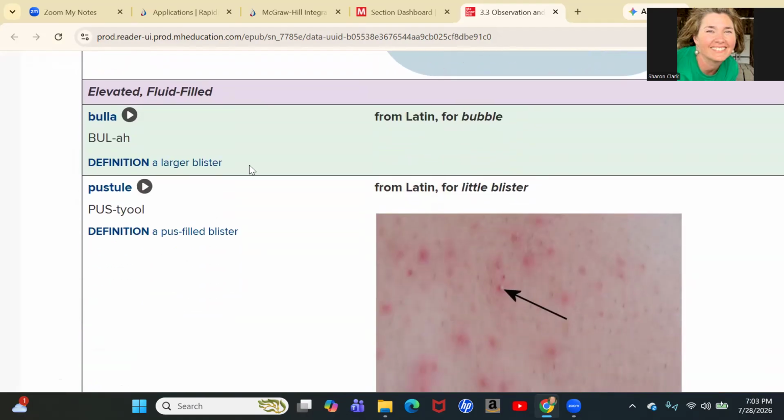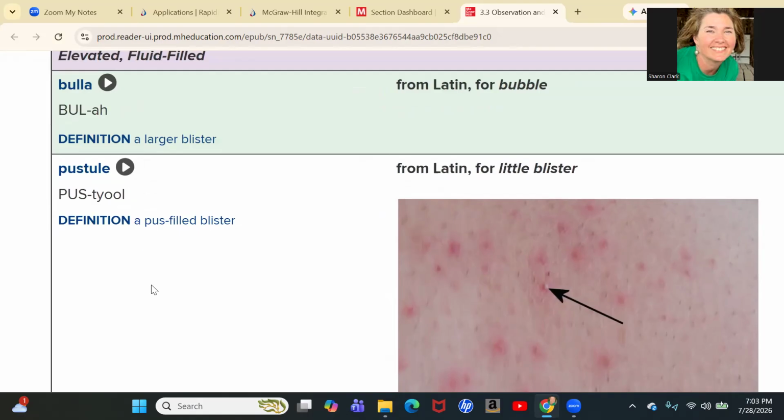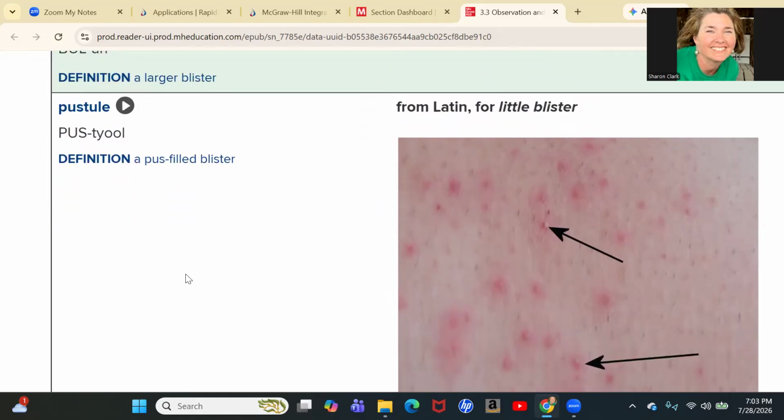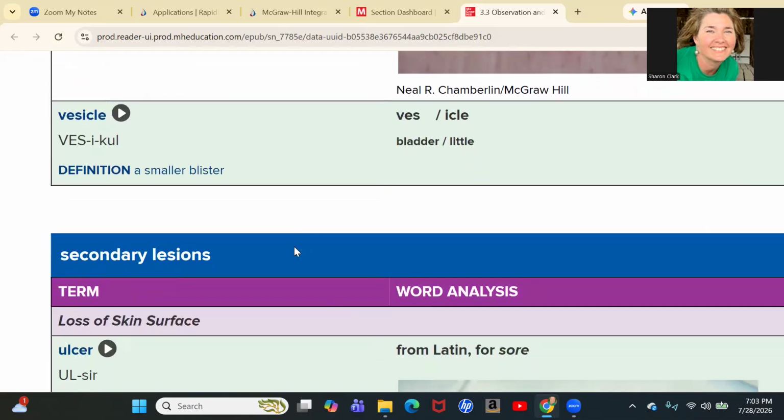A bulla is kind of like a large blister, so a sunburn blister, or when you get a blood blister. A pustule, think of your typical pimples and blackheads. These are your pustules, a pus-filled little blister.